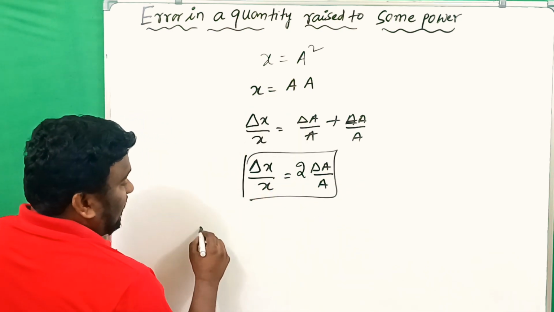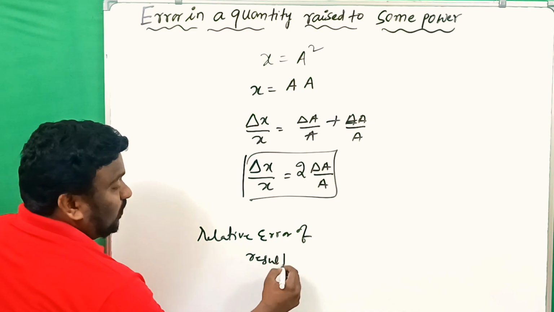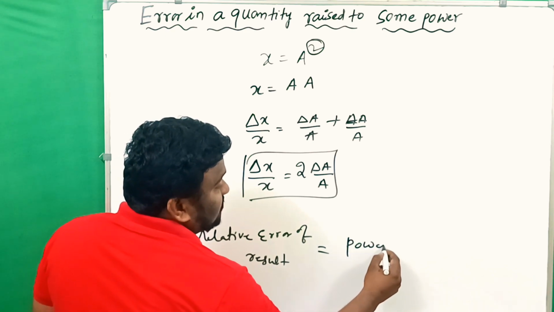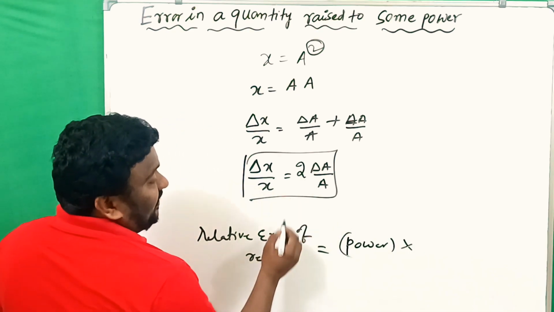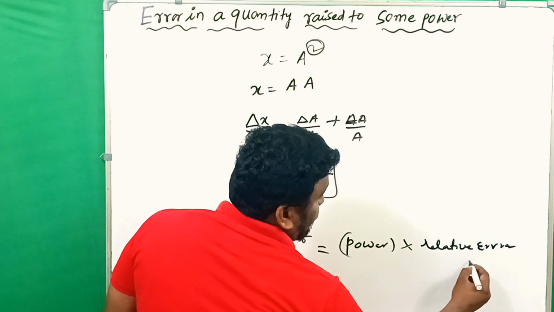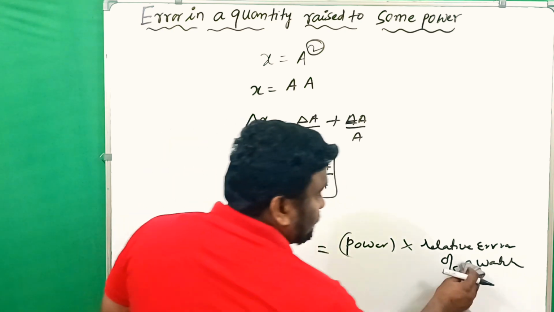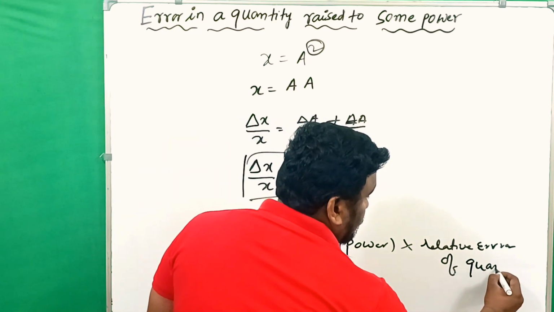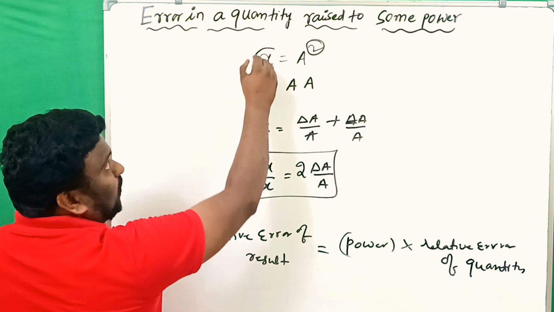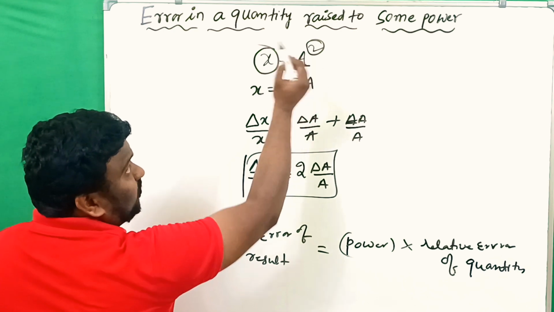The relative error of the result is equal to 2, where 2 is the power, into delta a by a, the relative error of the quantity. For the symbol x is equal to a square, the relative error of the result is equal to the product of the power and the relative error of the quantity a.